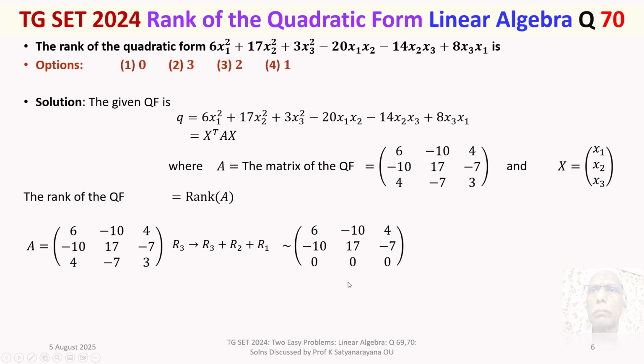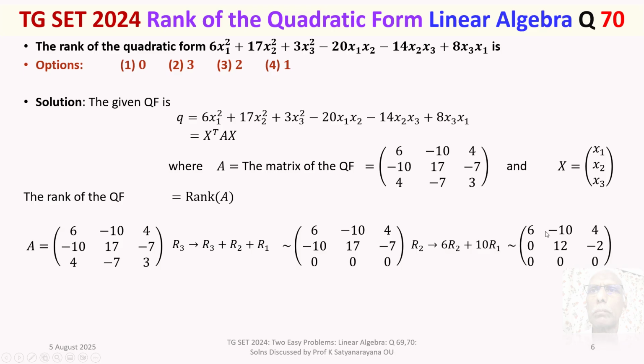Now we want to make the 2 1 position, that is minus 10, equal to 0. For that we make R2 is 6 times R2 plus 10 times R1. Then this will become 0. Now simplify, you will get 0, the second row is 12, minus 2, and the third row is 0, 0, 0.